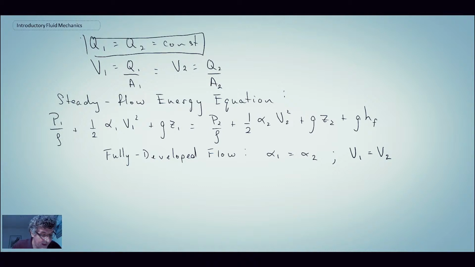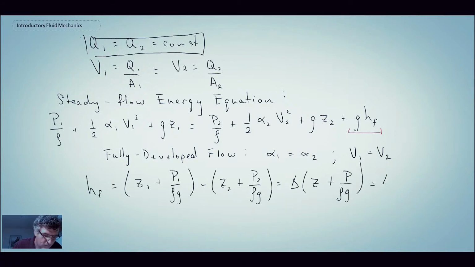So with that, we can rewrite our steady flow energy equation. I am going to isolate the head loss term onto the left-hand side of the equation. From our energy equation, a number of terms cancel out.